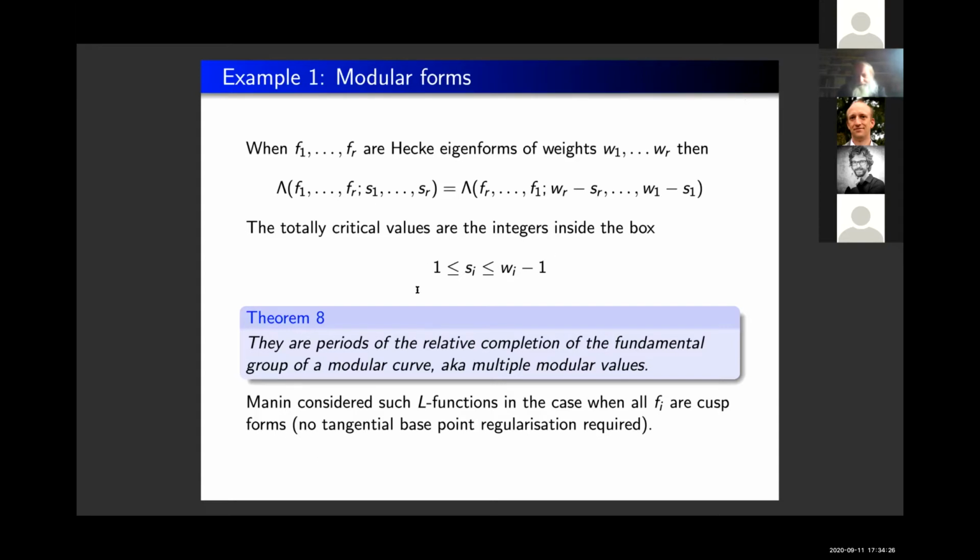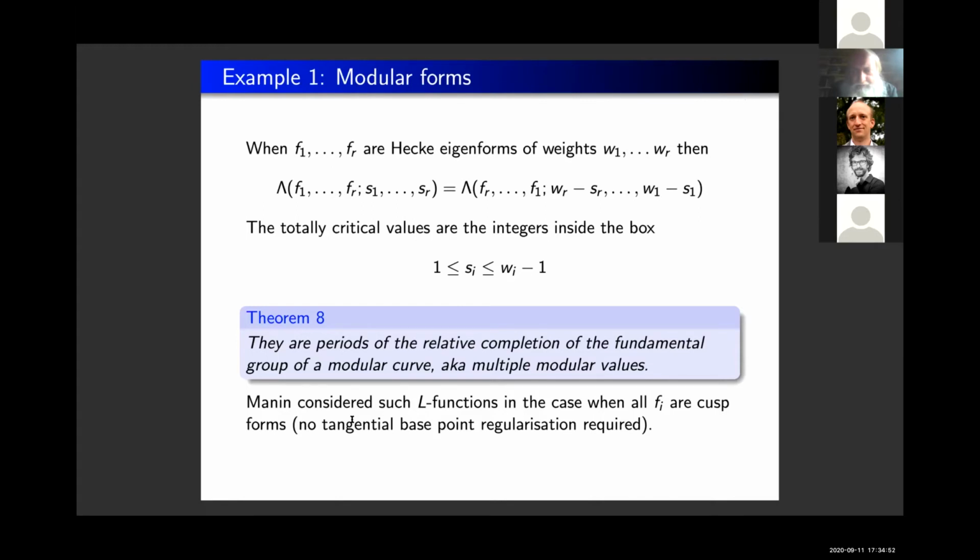And in fact, Manin wrote down the definition of these L functions a while ago, in the case where they're cusp forms, so there's no regularization to be done. In this case, you can show that the values are indeed periods. They're periods of the relative completion of the fundamental group of a modular curve.